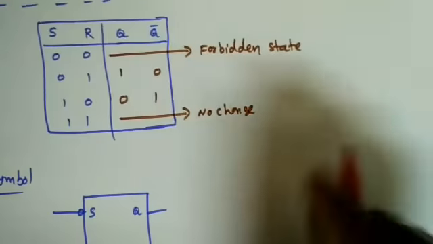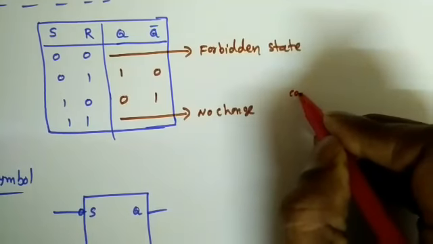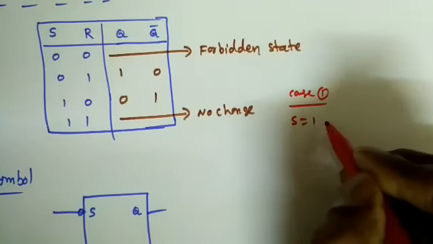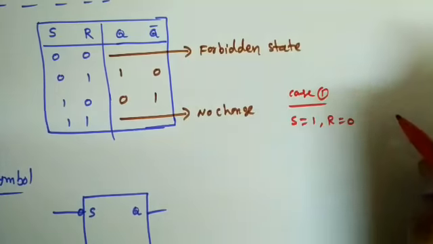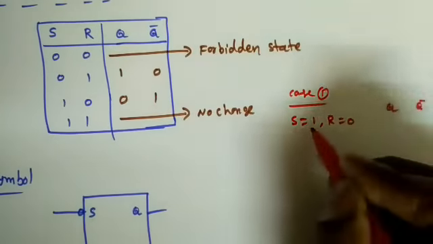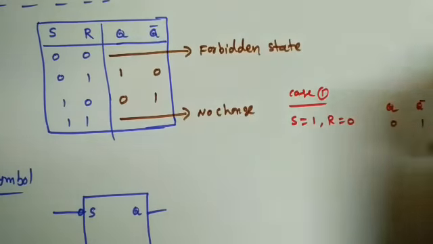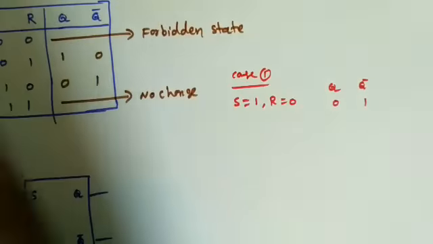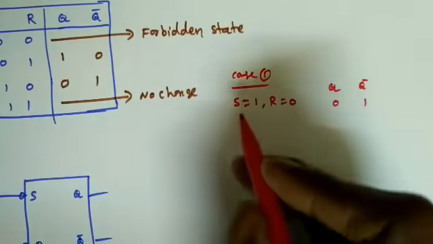Suppose, think like this. First case, I apply S is equal to 1, R is equal to 0. What is the corresponding outputs? So S is equal to 1 means I will get 0, this is 1, right? Previously some state was there, now it is changed to 0 1.